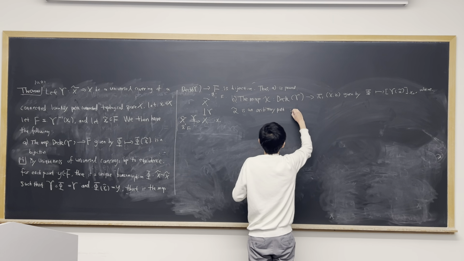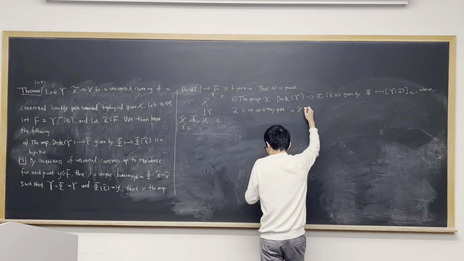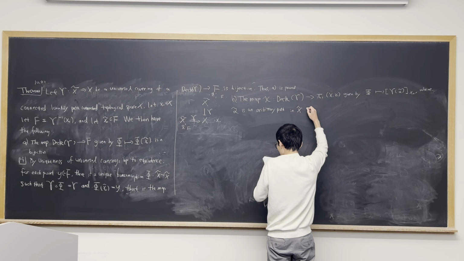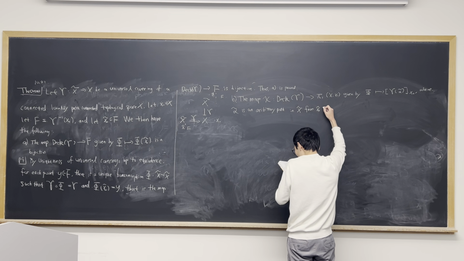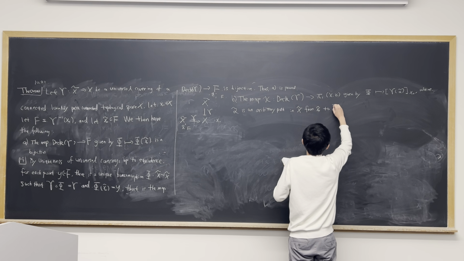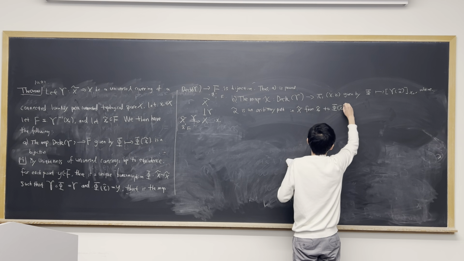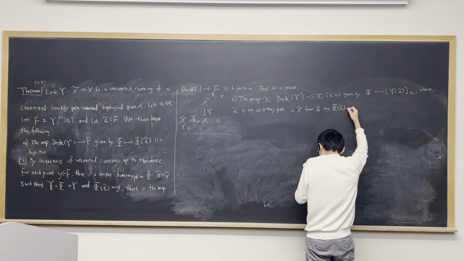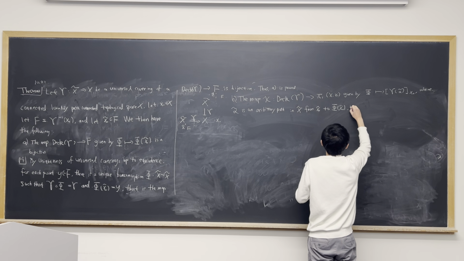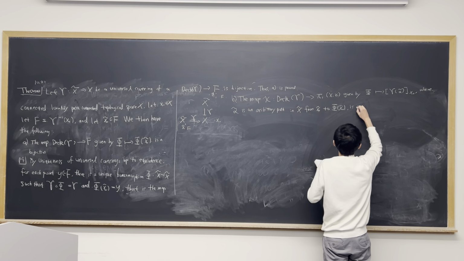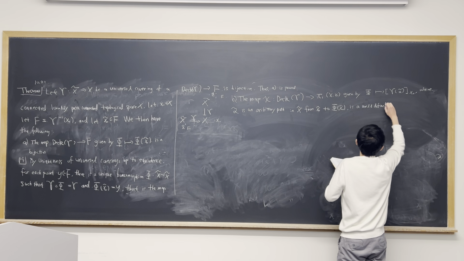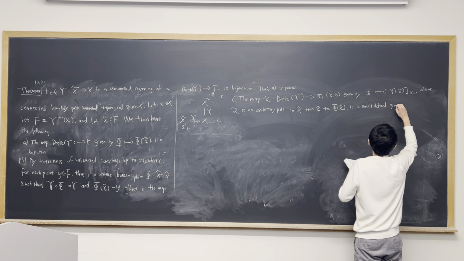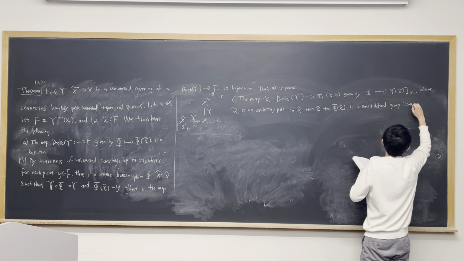Is x tilde from x naught tilde to phi of x naught tilde. It's a well-defined group isomorphism.